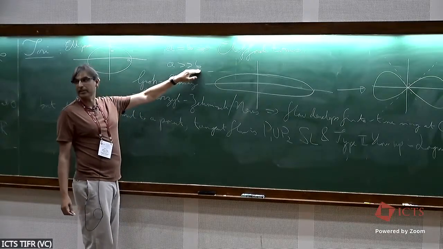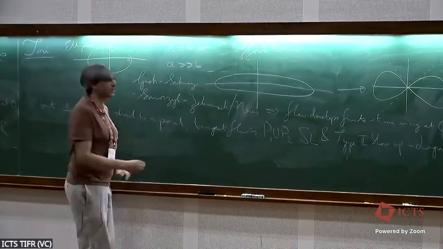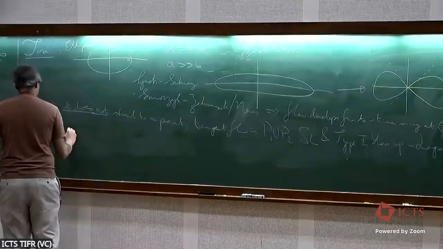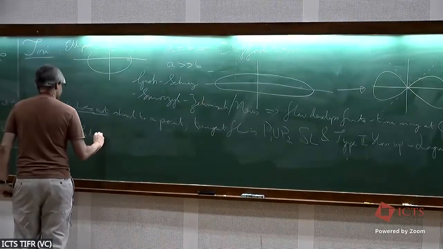What if A is actually very close to B? What happens? That was something that Evans, myself, and Felix Schulze looked at.